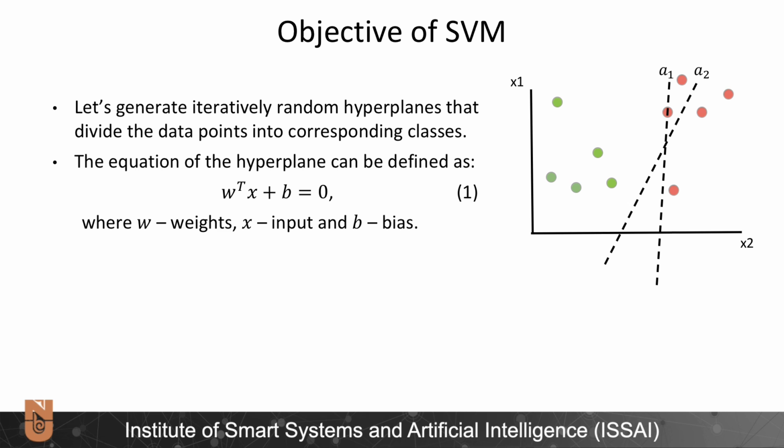Here we can see another prediction, A2, which is also not good. And here we finally see another hyperplane that divides both red and green points into correct classes.